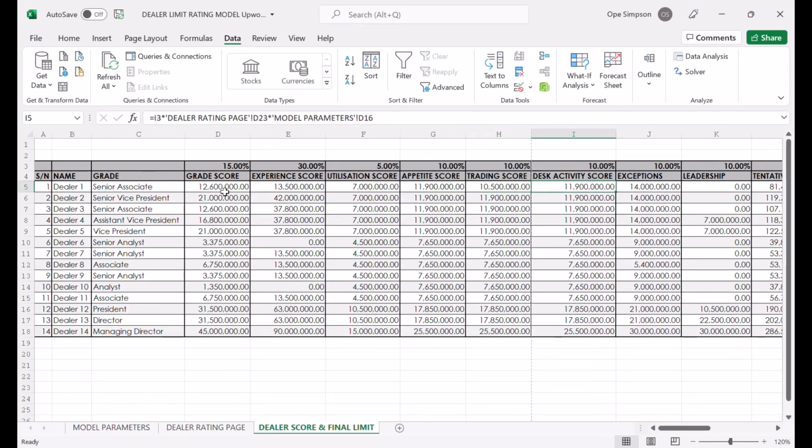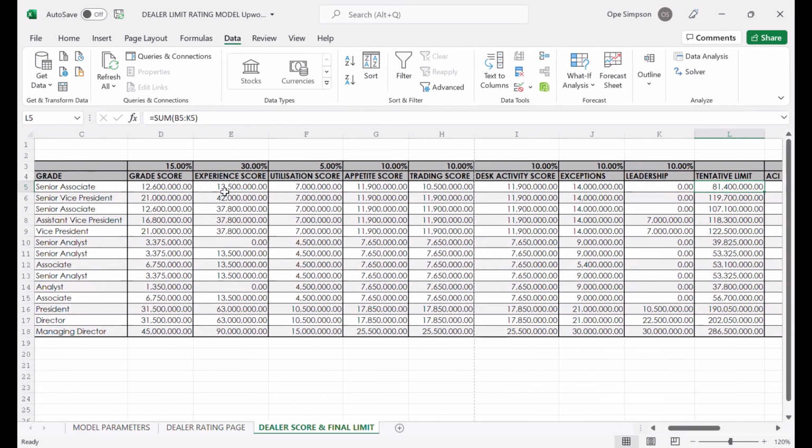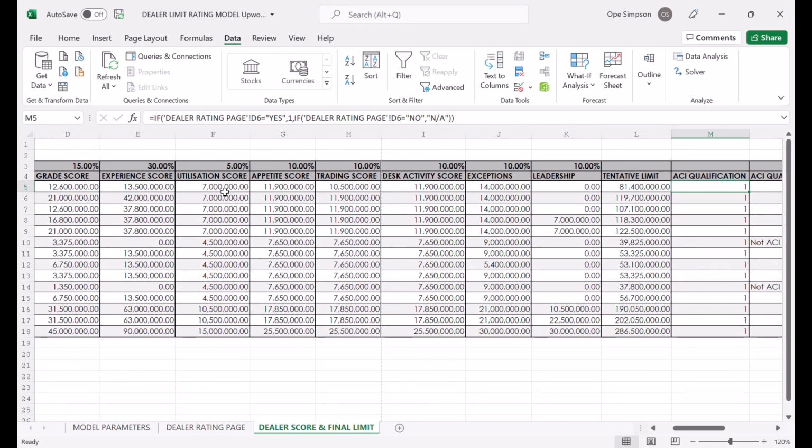Risk activity is 11.9. Given the fact that he has no exceptions, he has 14 million. As he has no leadership position, he gets allocated $0 for this, and his tentative score is 81.4, or rather his tentative dealing limit is $81.4 million per transaction.